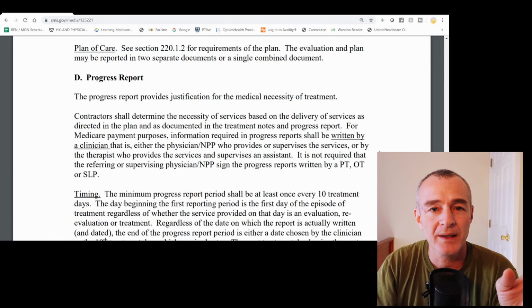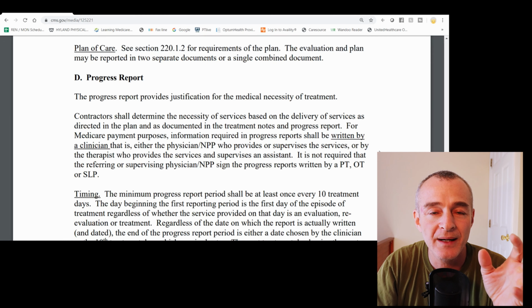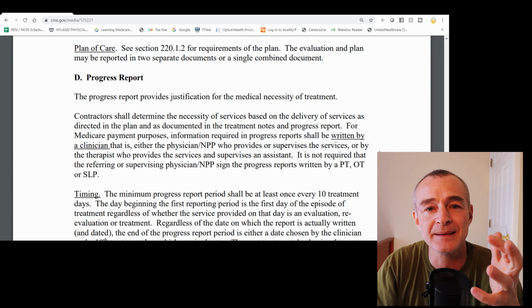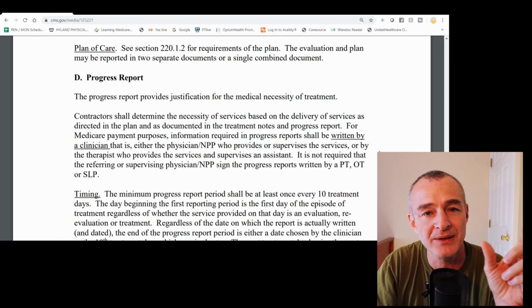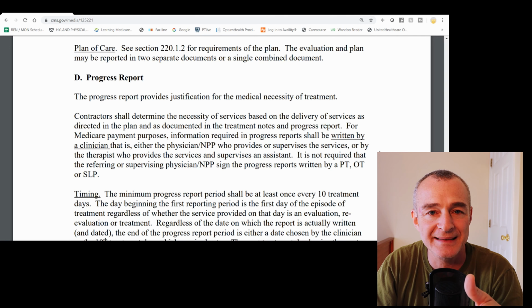The number one misnomer, wives' tale that I see posted a lot is the 30-day requirement for a progress note. Now, that was consistent back in the day when we had the functional reporting. We don't have that since January 1st, 2019.